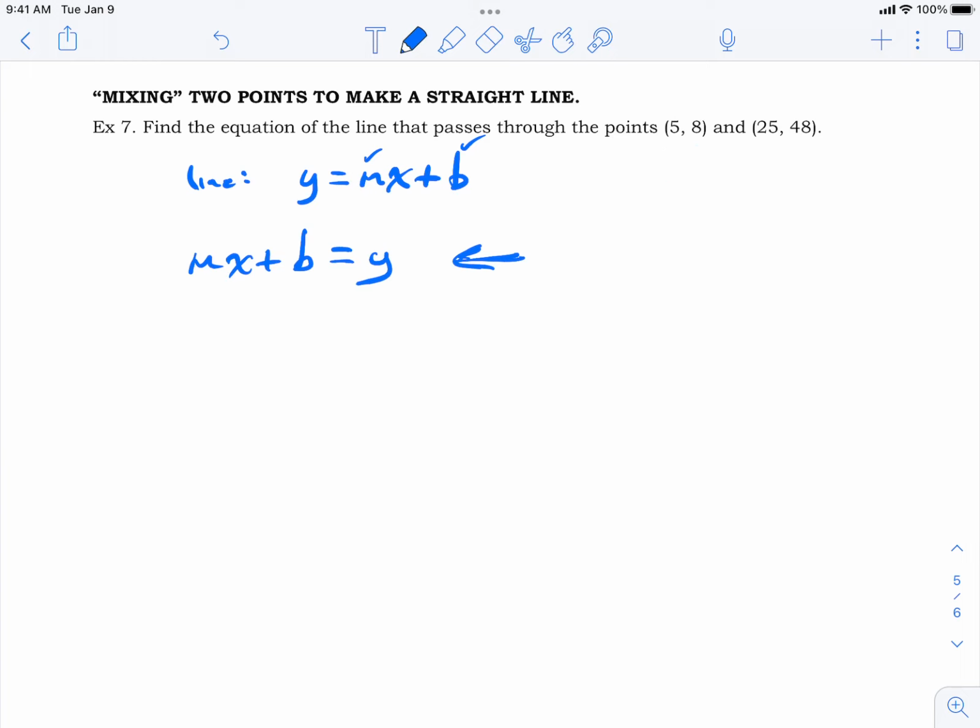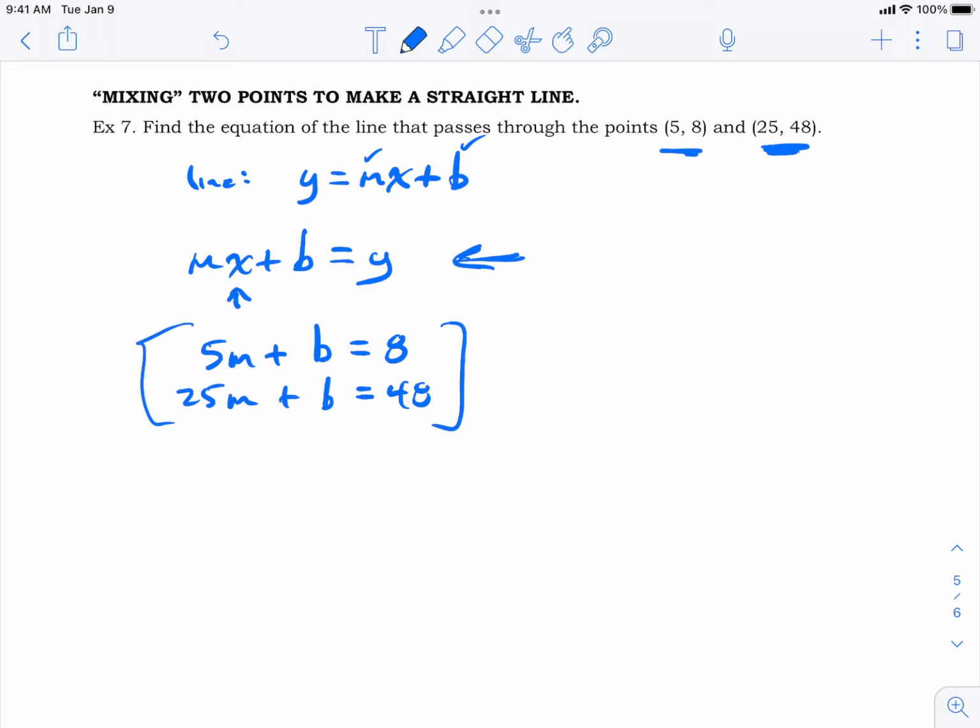Using the first point, when I plug in x equals 5, I have m times 5, which is 5m, plus b equals 8. Do the same thing with this point. You plug in x equals 25, so 25m plus b is supposed to be 48. A 2 by 2 system of equations, which isn't even all that hard to solve.